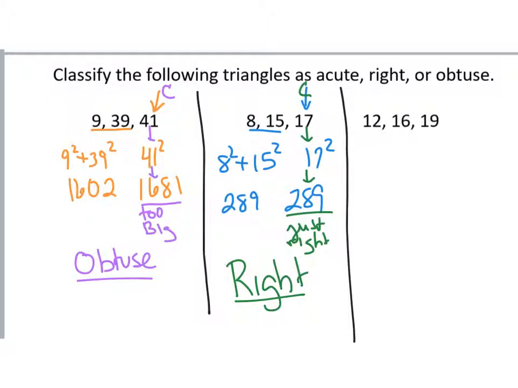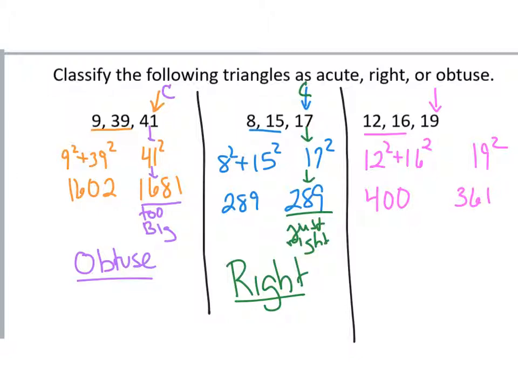All right, let's look at the last one. When I look at the last one, again, the 19 is going to be my side that is the biggest. So I'm going to start with 12 and 16. And I'm going to compare that to the 19 squared. 12 squared plus 16 squared is 400. 19 squared is 361.